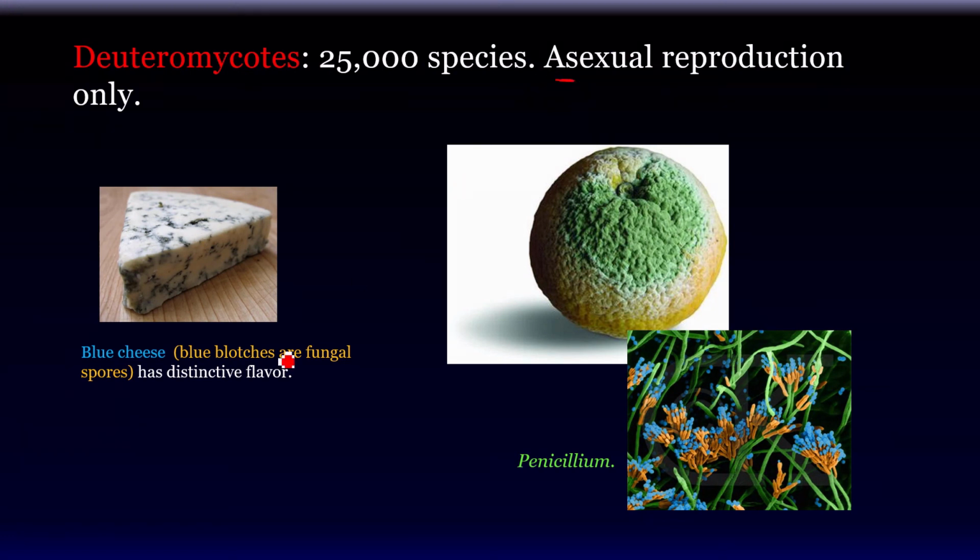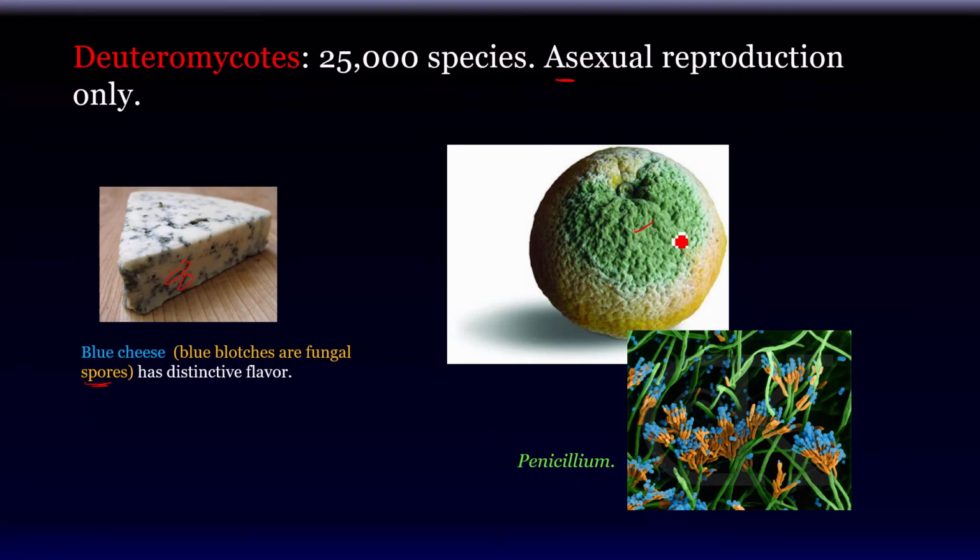This includes the fungi that give the blue color to blue cheese. The blue blotches are actually fungal spores that you see. You might say, ooh, but fungi are like plants, and you eat plants, so if they taste good and they're safe, then you can eat it, presumably. So the blue blotches in blue cheese are actually haploid fungal spores.